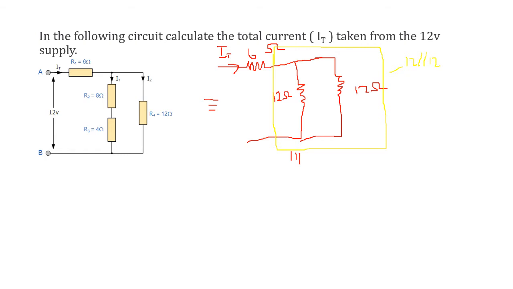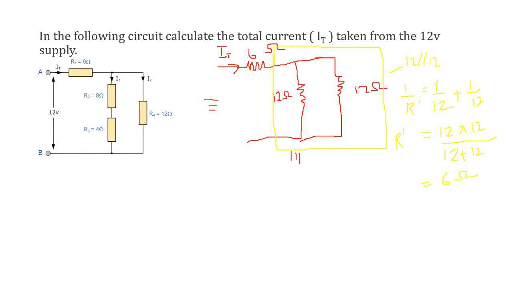Therefore the equivalent resistance will be 1 over R dash equal to 1 over 12 plus 1 over 12. So R dash will be equal to the product of these two resistance values over the sum of the two resistance values. So that will be equal to 6 ohm.